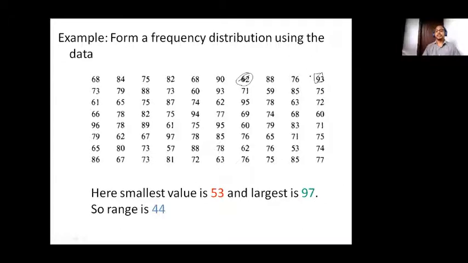Likewise, we can circle the smallest and mark a rectangle for the largest value. Then we can find the smallest and largest of this data. It is found that 53 is the smallest value and 97 is the largest of these values. So the range of the data is 44.